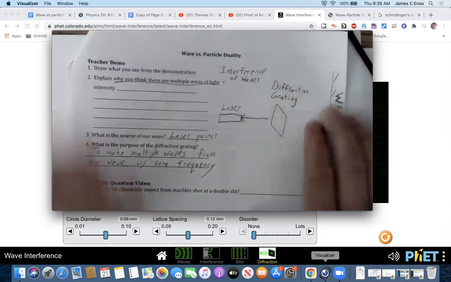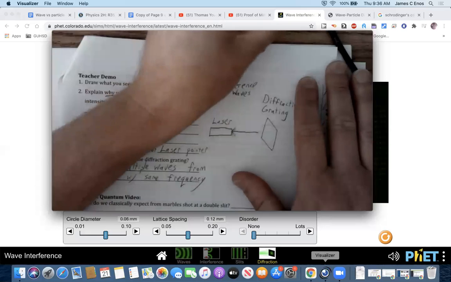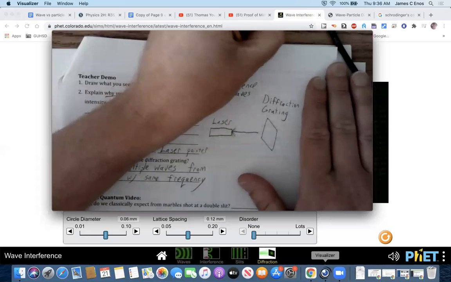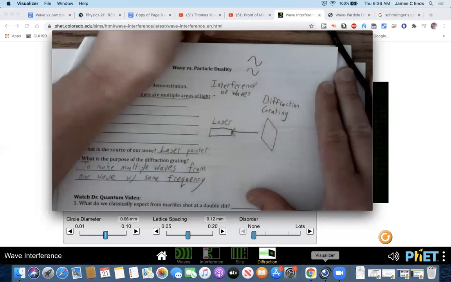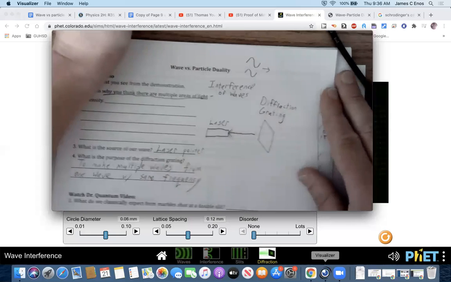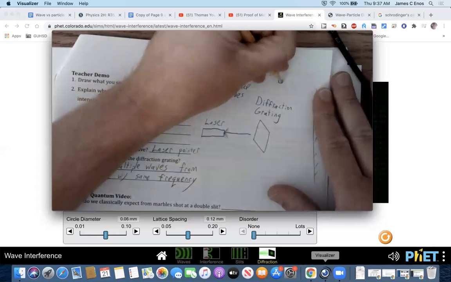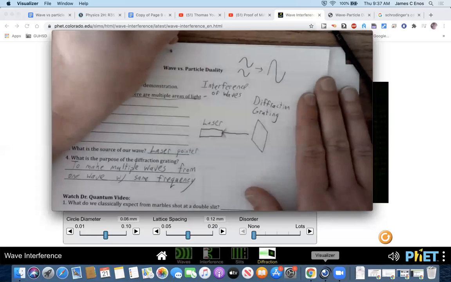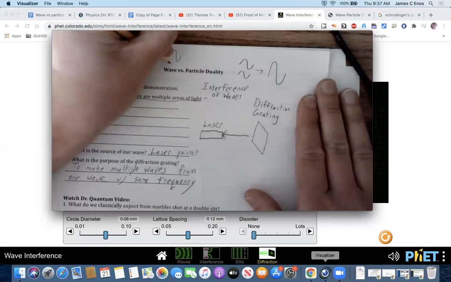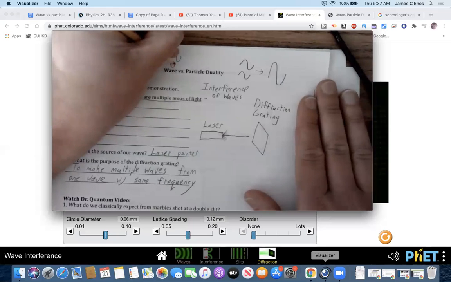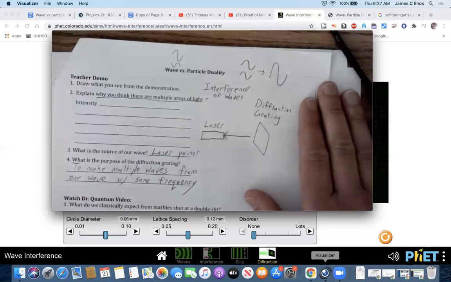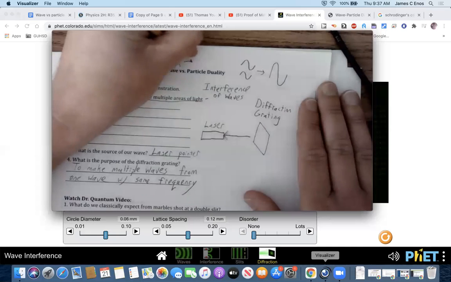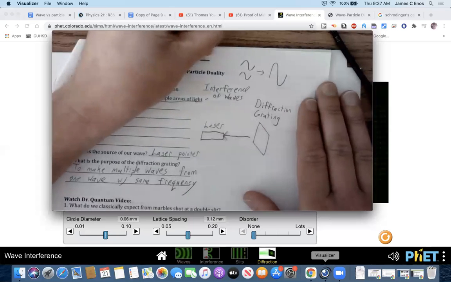And what I mean by interference of waves is if I have a wave and another wave like this, it's going to create a bigger wave. If I have a wave like this, what's going to happen is it's going to cancel each other out.